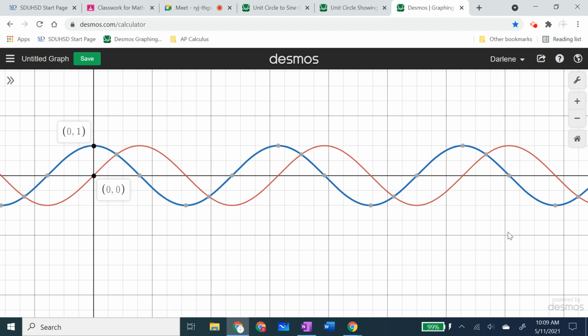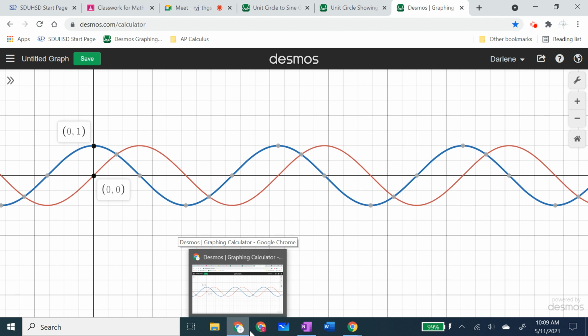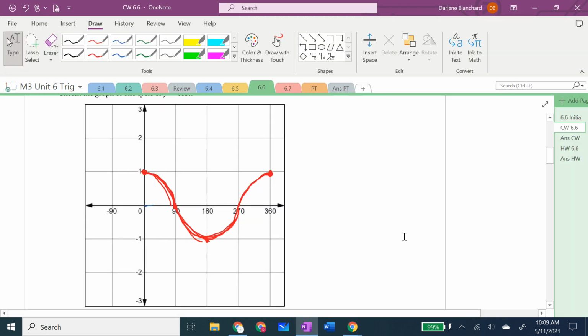So I want to just take a moment to have you recognize this is stuff we use all the time. Waves are very, very, very valuable to understand. And we're right at the very beginning of understanding waves. So what we're going to do is we're just going to practice graphing them for right now.